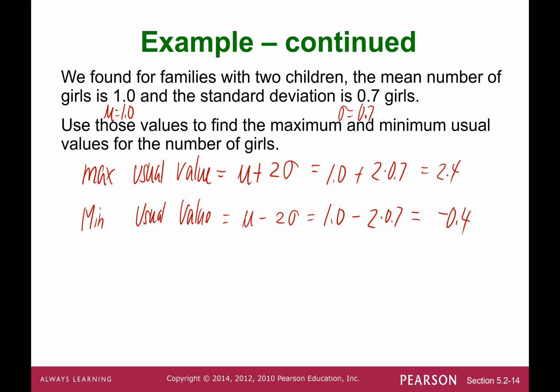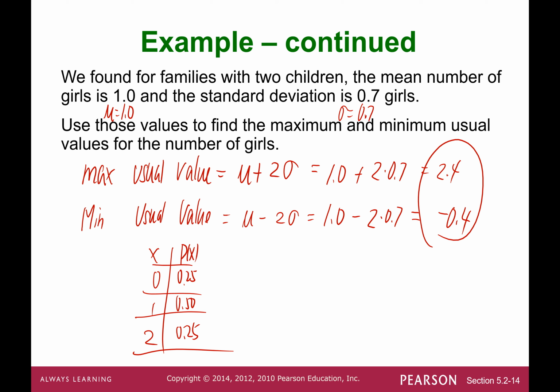And if you look at all our outcomes, you see 0 girls, 1 girl, 2 girls. As you can see, they are all usual values. Getting 0 girls, 1 girl, 2 girls, they are all usual values.